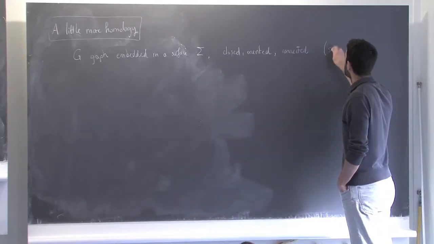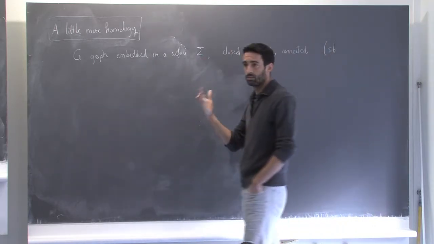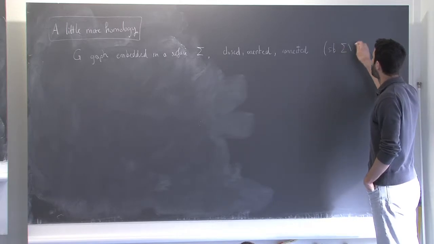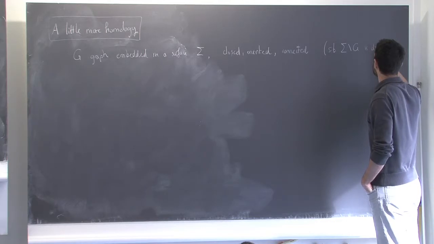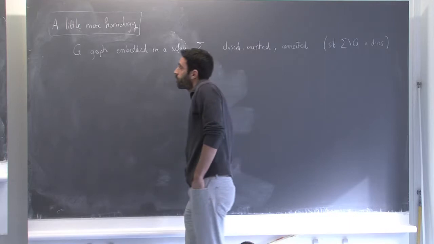And as always, I want the graph to approximate the topology of the surface well, so I want the complement of the graph to be topological disks. Okay? So remember what we had done.